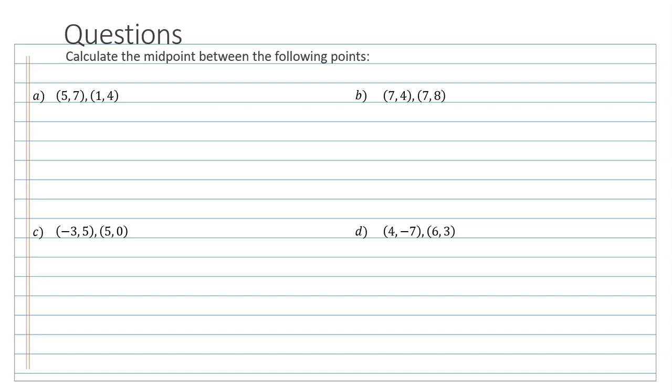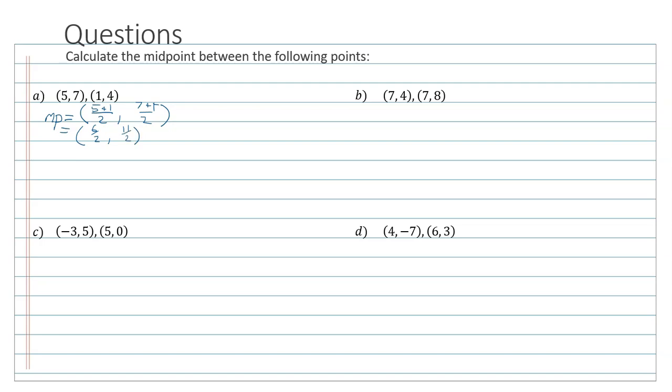So 5, 7, and 1, 4 was the midpoint. Well, we can say it is, we'll go MP for midpoint equals 5 plus 1 over 2, and then 7 plus 4 over 2, this will be 6 over 2, and this one will be 11 over 2.